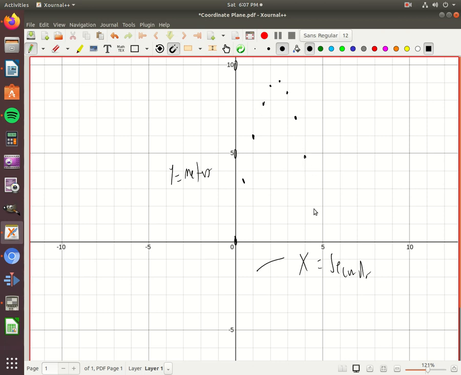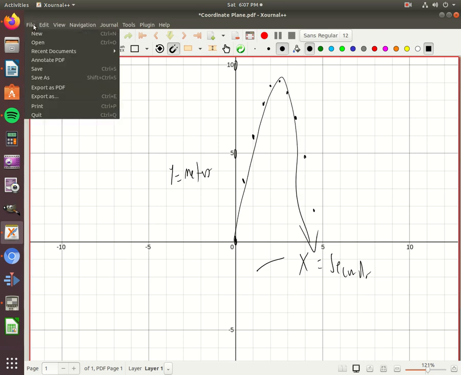And 4.5 was at 18. So you can see that we did get that kind of parabolic shape that we expected to see.